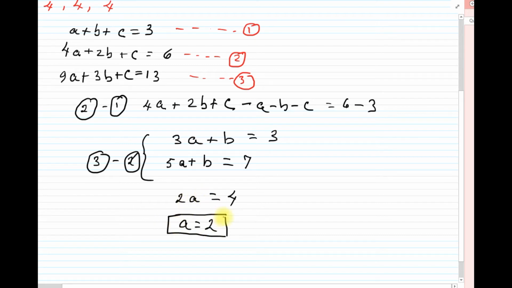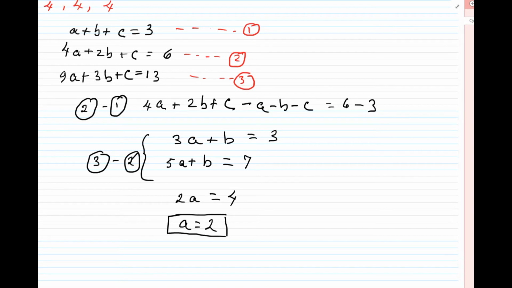And notice that this a is half the second differences, which were the constant up here. The second differences in our sequence was 4. So the a is just half of that. That number is always the coefficient for a.